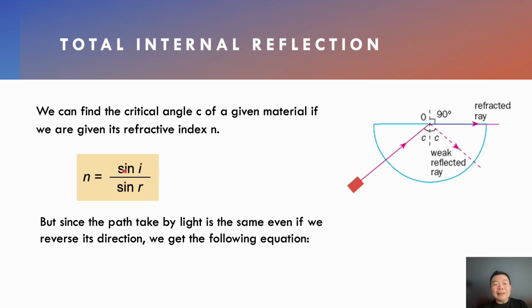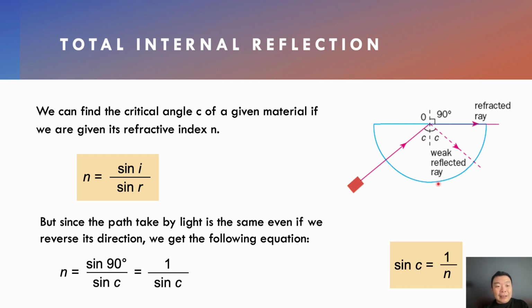I have taught you all before that I don't really like this formula of I and R. I'd rather call this sine I. This angle should be the angle in the less dense medium, and the bottom angle R here should be the angle in the more dense medium. So if you look at this scenario of critical angle shown over here, this sine I, my angle of incidence, I should actually take 90 degrees because this is the angle which is in the less dense medium, and the denominator R should actually be the angle C, which is in the more dense medium.